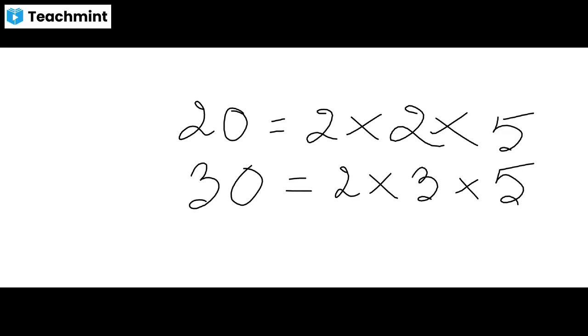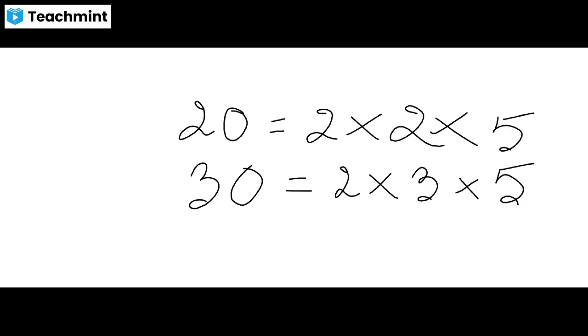So after having factorized, now the last part of writing the GCD is quite simple. The factors which are common, meaning available in both the numbers.